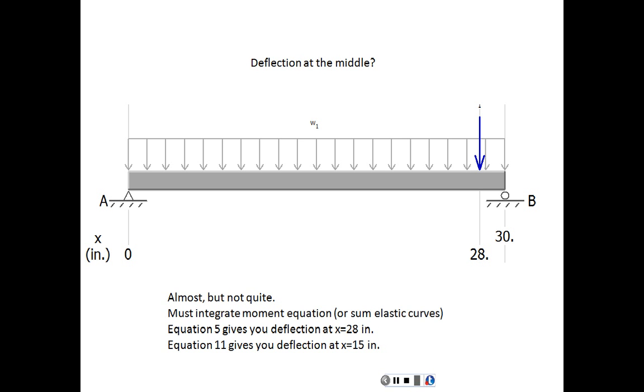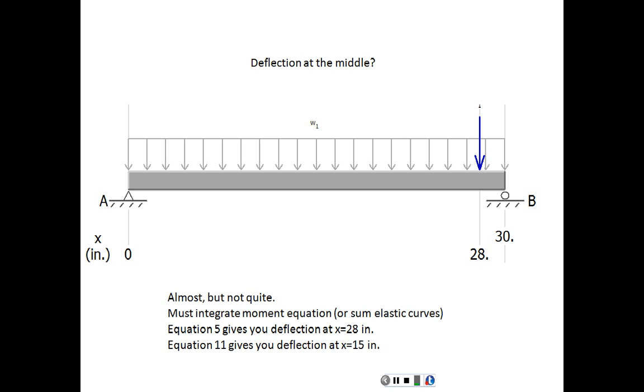So equation 6 is minus PVX over 6LEI times L squared minus B squared minus X squared. So this is V of X equals that. If I do V of 15 in there, that will give me the deflection in the middle due to that offset single point load.